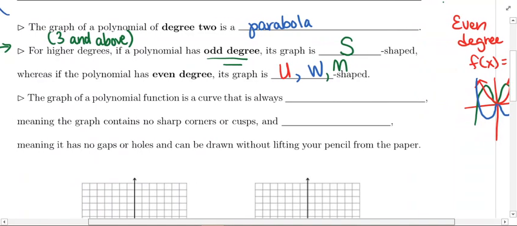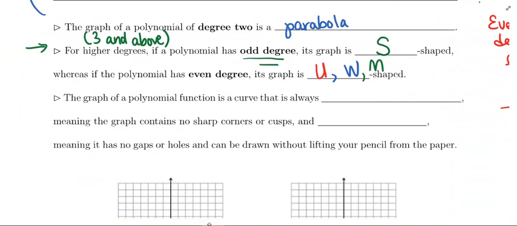So that's what you can expect if you are working with a polynomial function of higher degree and it's an odd degree: some kind of S shape. If it's an even degree polynomial, you can expect either a U shape, a W shape, or even an M shape.